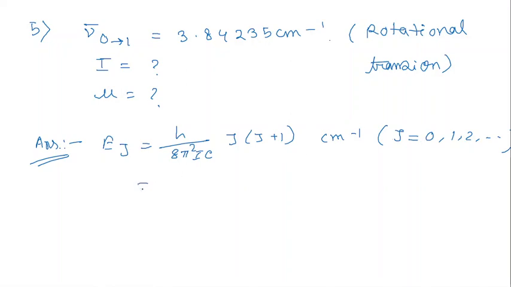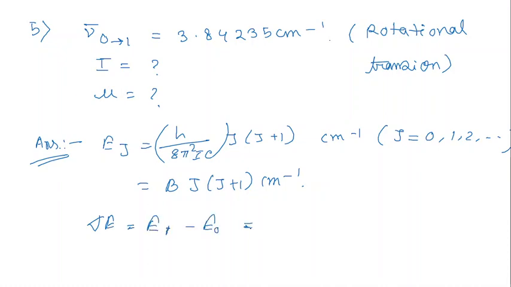EJ equals B J(J plus 1) centimeter inverse, where this you can call B. Now we have to calculate E1 minus E0. Put J equals 0, it will be 0; for J equals 1, it is 2B centimeter inverse. This they provided as 3.84235 centimeter inverse. Now they told us to calculate the value of B.